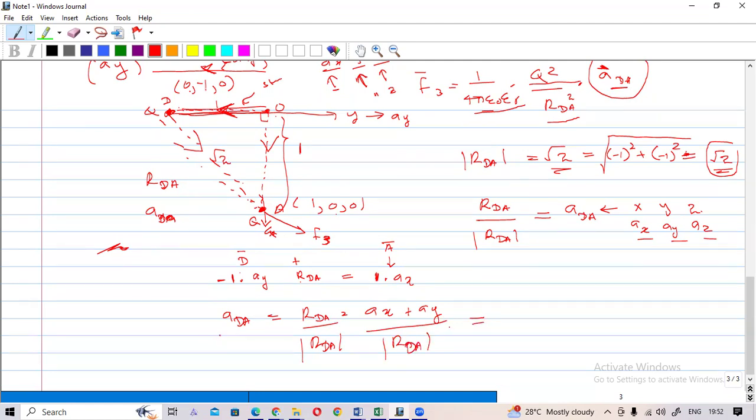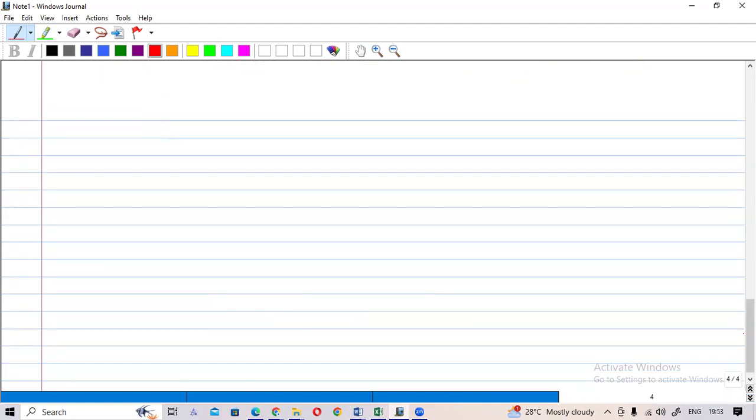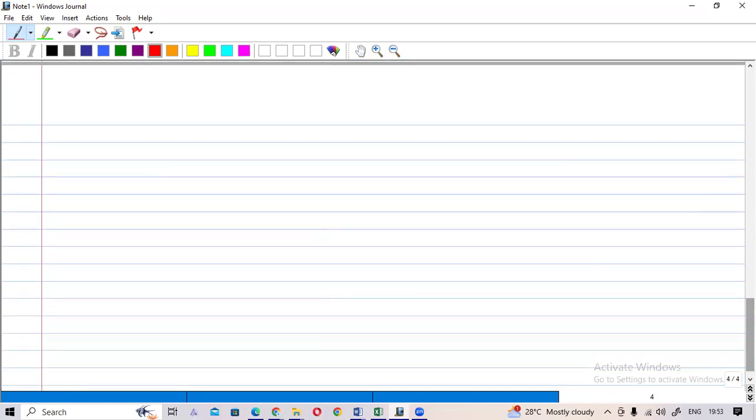So what is that? RDA magnitude is root 2. So ax plus ay divided by root 2. That is ADA. So F3 also you can find.